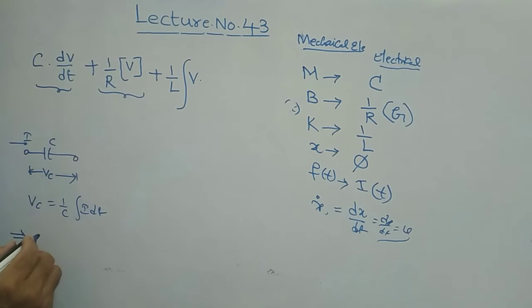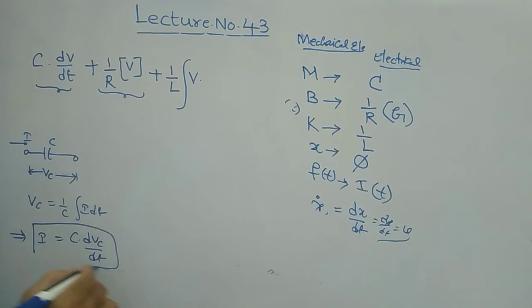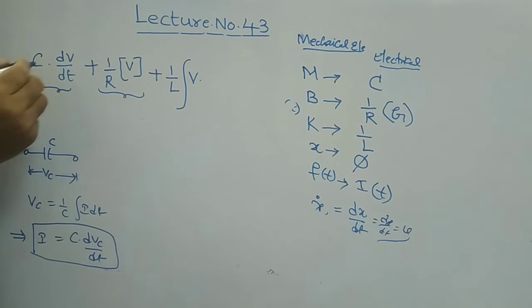From this, I is equal to C into the derivative, dVc by dt, meaning C into dV by dt. And I equals V by R form actually. Remember that. So this is the current equivalent.